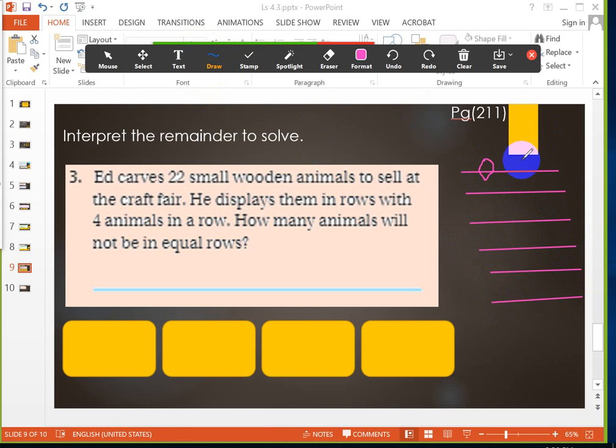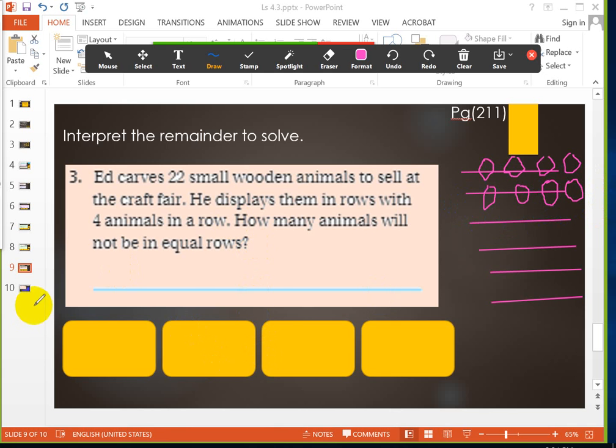He will put 4 animals, maybe rabbit, cow, and cat, dog. Okay, something like this. He will put another 4, maybe goat, bird, something like this. In each row you put 4 animals.